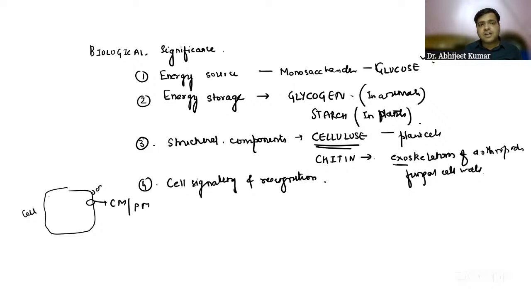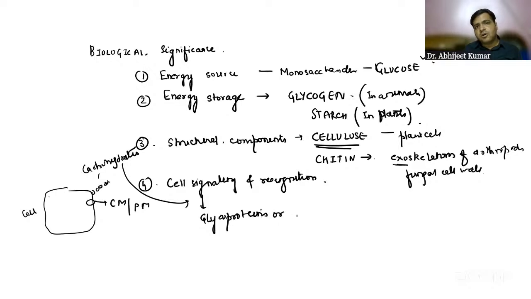On the surface of the plasma membrane, we have carbohydrates present. These carbohydrates are basically glycoproteins or glycolipids, and they are very important for cell recognition and signaling processes. They also impact our immune system and cell communication. So that is again something you can remember.